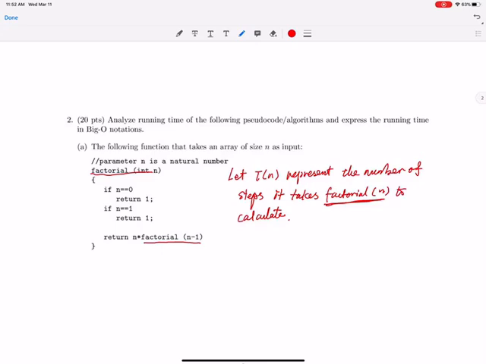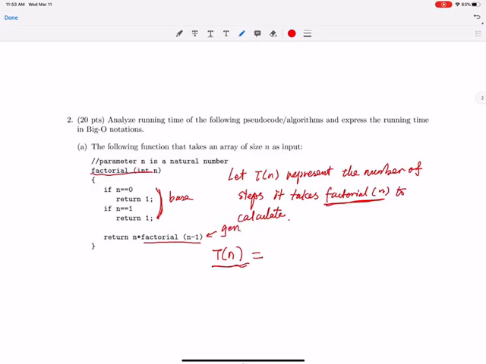Now we are going to write a formula for T sub n based entirely on this code. We all know that these are the two base cases, and this is the general case.